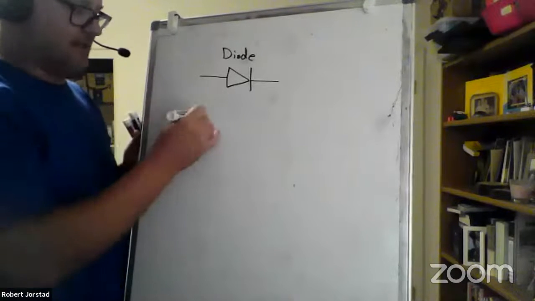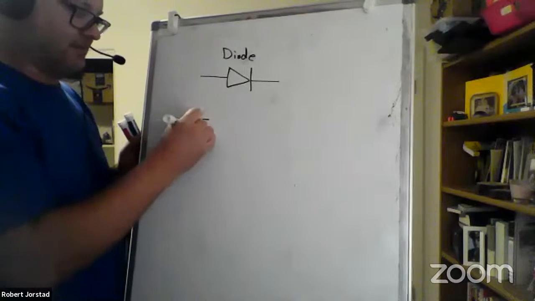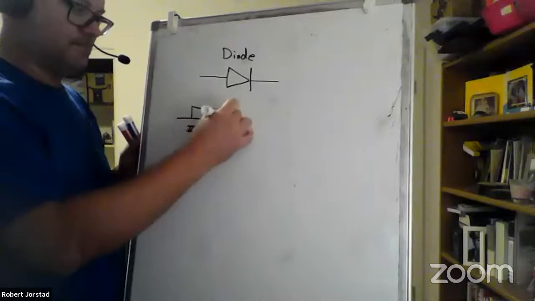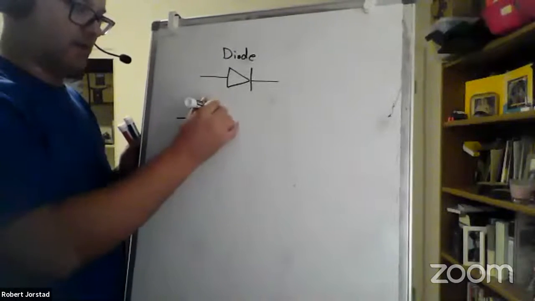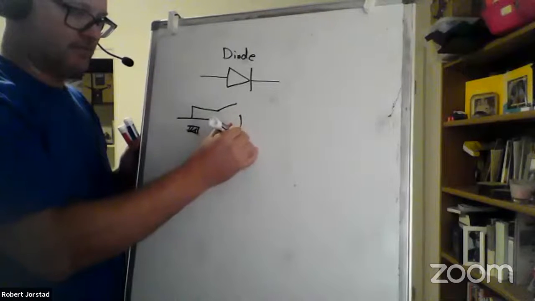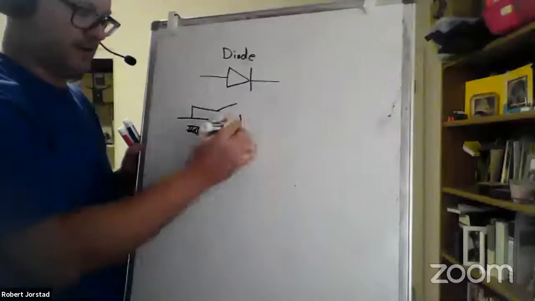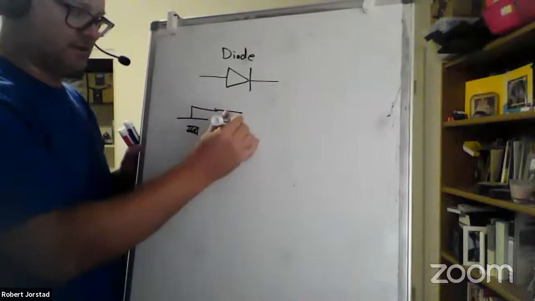So now in this case, let's say we had this same circuit. And then we're going to reopen this switch. Whoops, I think there was a resistor here. Let's just draw the circuit first.